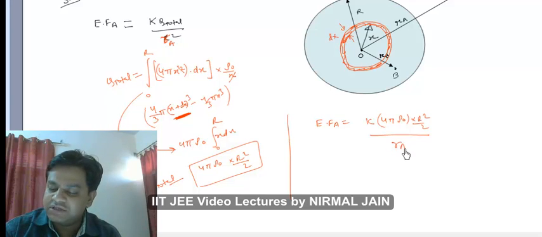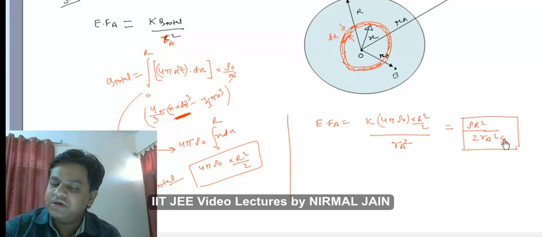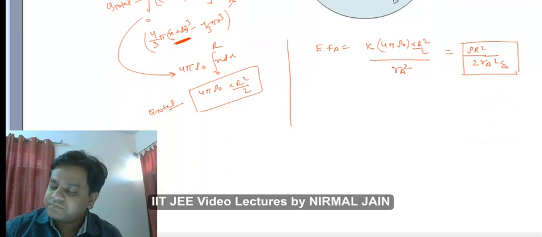So the distance of point A is ra, so k q total by ra square. This way I can see that the answer is rho naught r square by 2 ra square epsilon naught. So this is the electric field at this point, which is at distance ra outside the sphere.